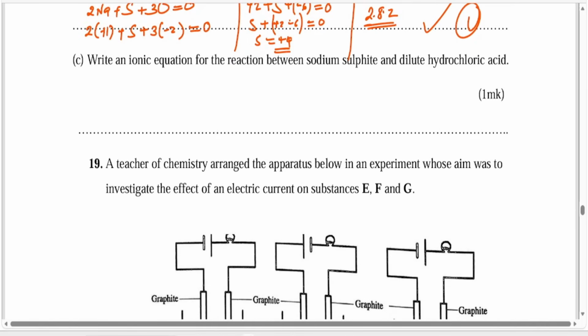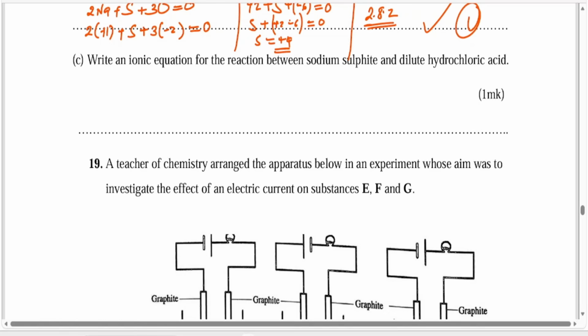Next question. Write an ionic equation for the reaction between sodium sulfite and dilute hydrochloric acid. Sodium sulfite reacts with dilute hydrochloric acid to produce a gas which is sulfur 4 oxide gas.